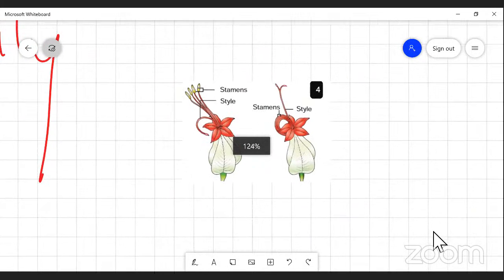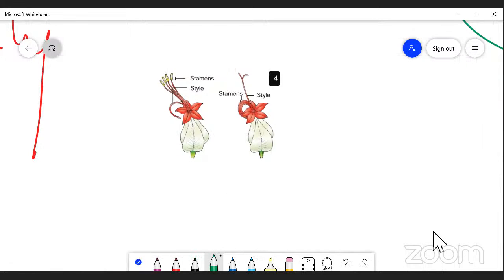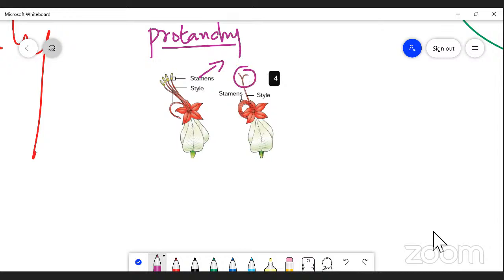This diagram shows protandry, the development of the stamen very first. The androecium, or stamen, attains maturity earlier, and later the gynoecium develops.